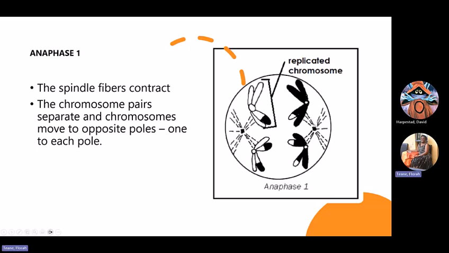The spindle fiber will contract during the anaphase, pulling chromosomes to different ends, or to opposite poles. Remember, these chromosomes were once a pair called a homologous pair of chromosomes. Now they're being separated, and this happens during anaphase. They're being pulled towards the pole.